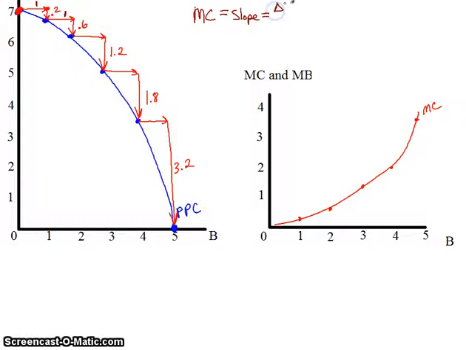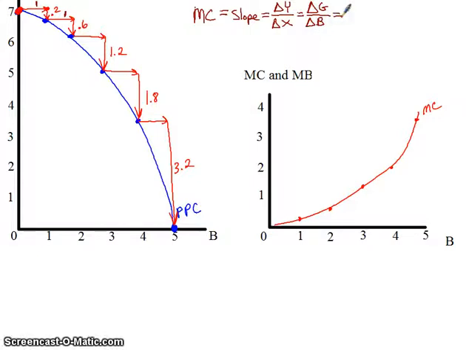It's the change in the variable on the vertical axis divided by the change of the variable on the horizontal axis. So it's the change in y over change in x. And in our example, the y variable up here on the vertical axis is guns, so it's the change in g divided by the change in the horizontal axis, which in our example is butter, over the change in b for butter.